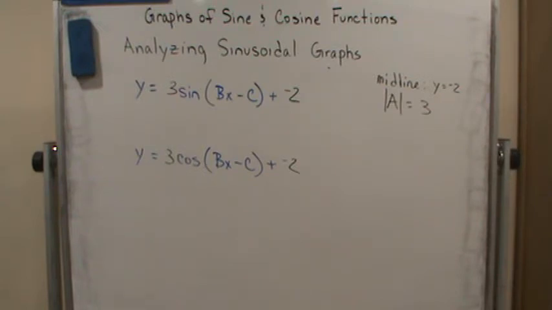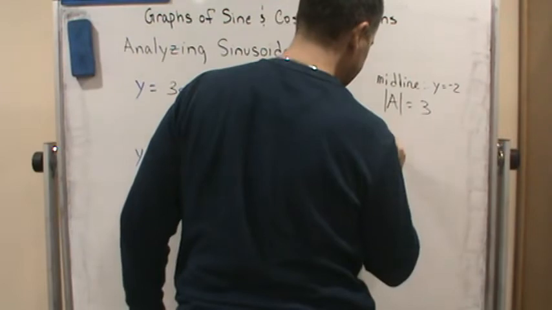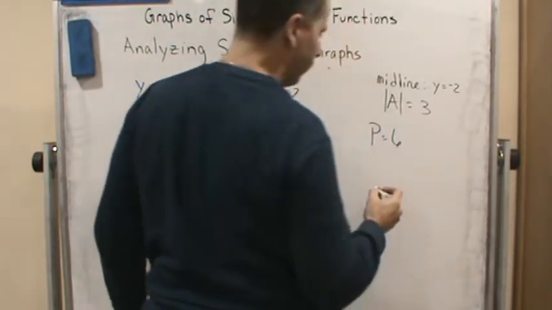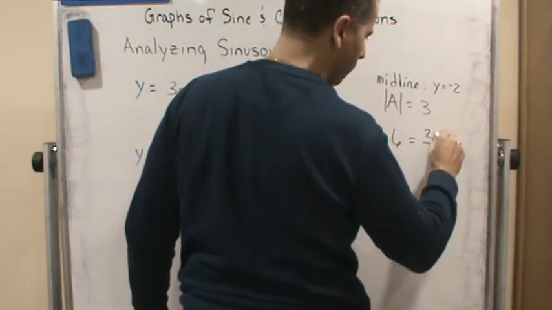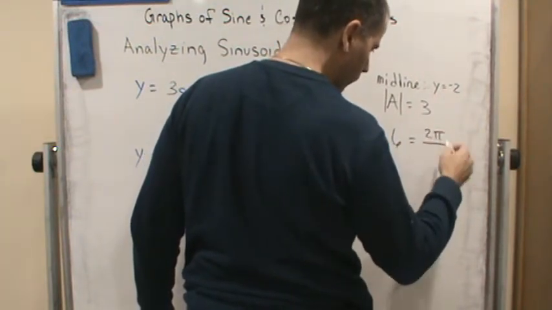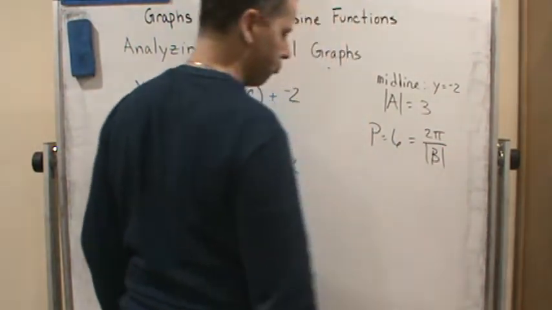Now, if we look at the period, it goes from x equals 1 to a maximum, and then reaches the maximum again at 7. So we can see that the period is 6. We know the period has to equal 2 pi over the absolute value of b.